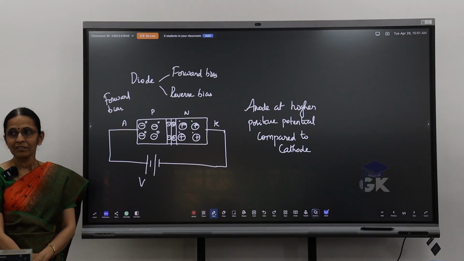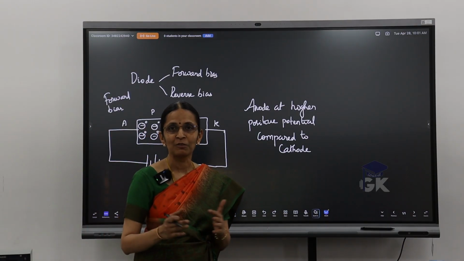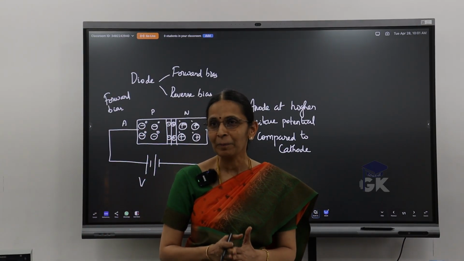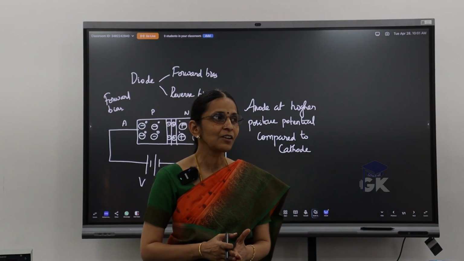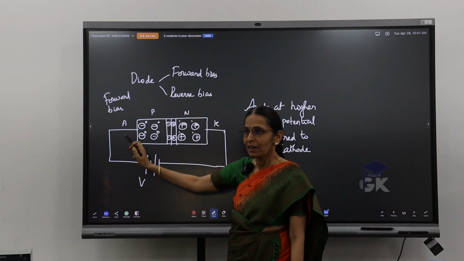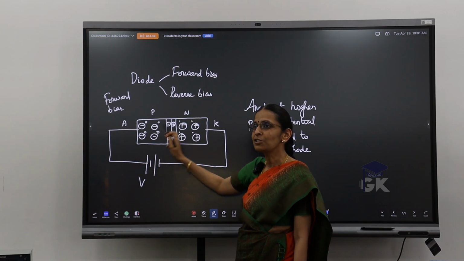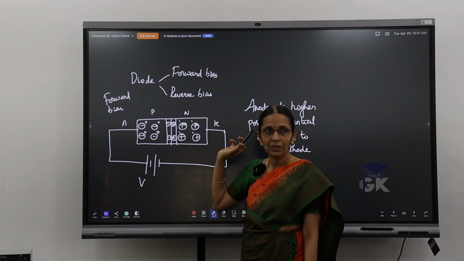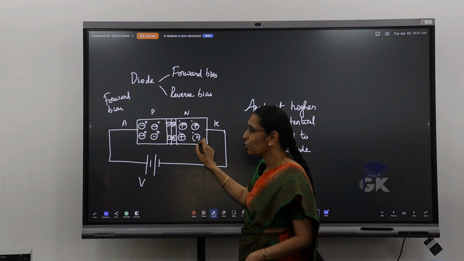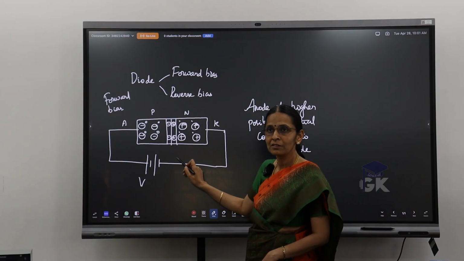N to P. Still there is a confusion. N to P. Okay, the electrons will start moving from your N to P, and in turn, holes start moving from P to N. Okay, you have it like this. This is electron negative. What do I have here? Negative plate of my battery. What happens to like poles?